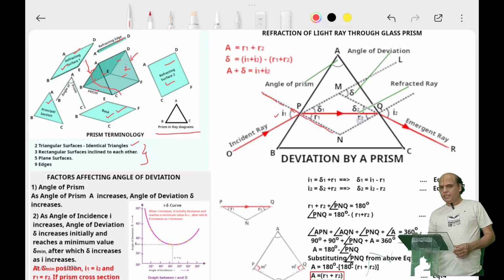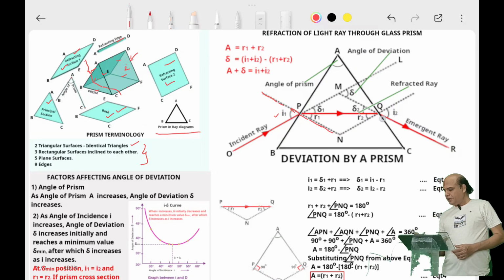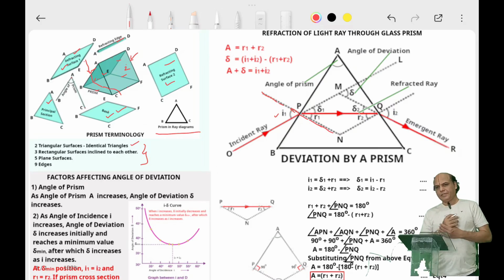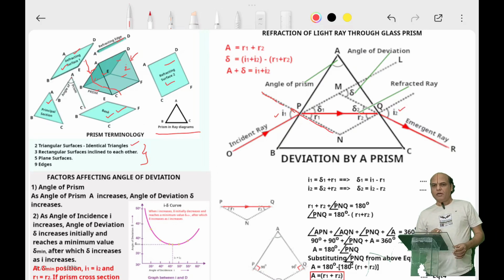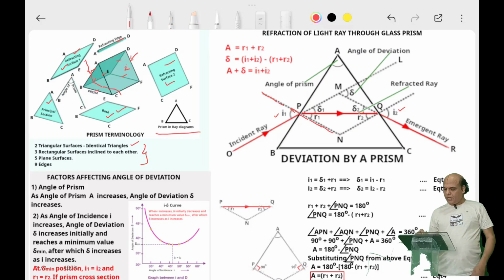Then R2 is the second angle of incidence internally, and I2 is the angle of emergence. QR is called the emergent ray. So I1 is the angle of incidence, R1 is the angle of refraction, R2 is the angle of incidence, and I2 is the angle of emergence.